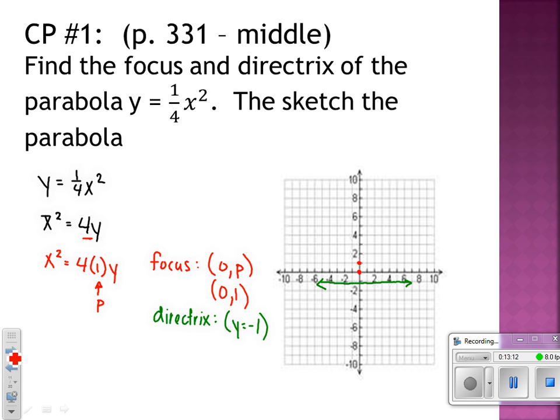Then for sketching it, do a table of values for your equation like you always would. So if we had x squared is equal to 4y, you can see the (0, 0) vertex that we already knew. If I put in a 1, I'm going to have 1/4. If I put in a 2, I would end up with 1. If I put in a -2, I'm going to also end up with 1.